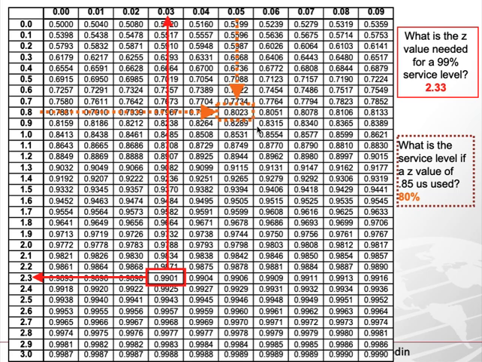Okay, so here's my 80%. So hopefully you guys remember. If you don't, please send me an email. I can explain that in more detail if you have a problem looking at the service level here.